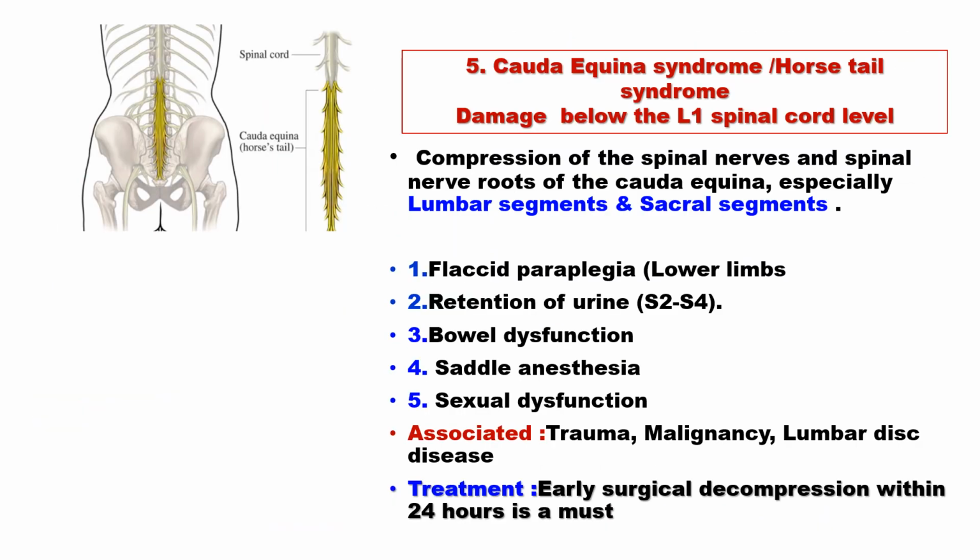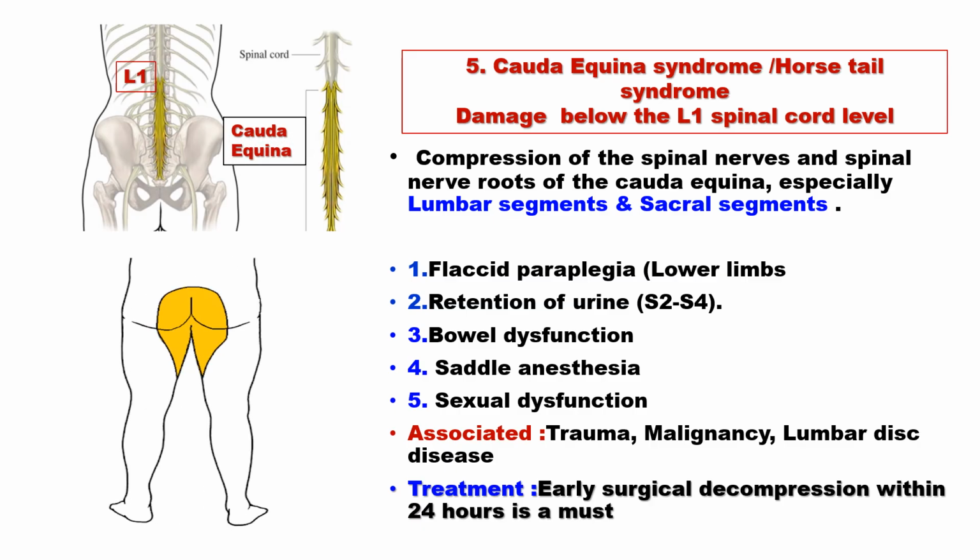Cauda equina syndrome or horsetail syndrome, damage below L1 spinal cord. Compression of spinal nerves and spinal nerve rootlets of the cauda equina, especially in the lumbar segments and sacral segments. The cord is spared.